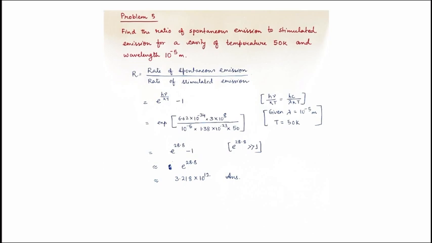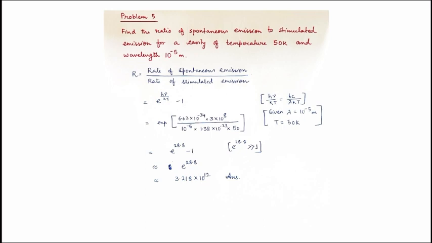If the temperature is ever given in Celsius, we have to convert it into Kelvin before applying it in the problem. Every temperature has to be converted into the Kelvin scale.